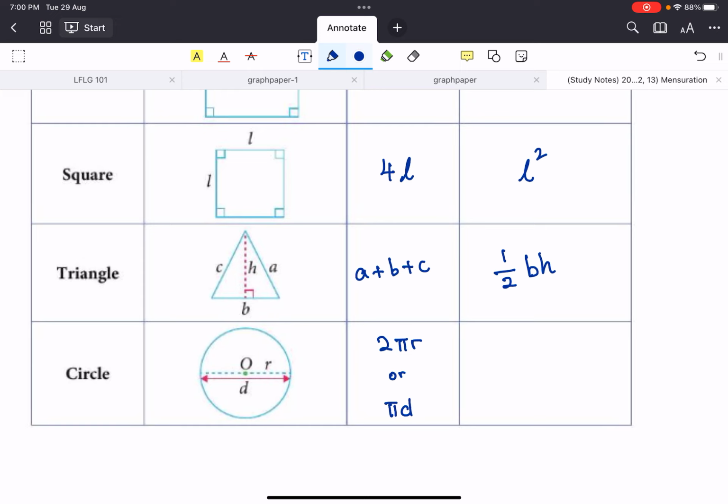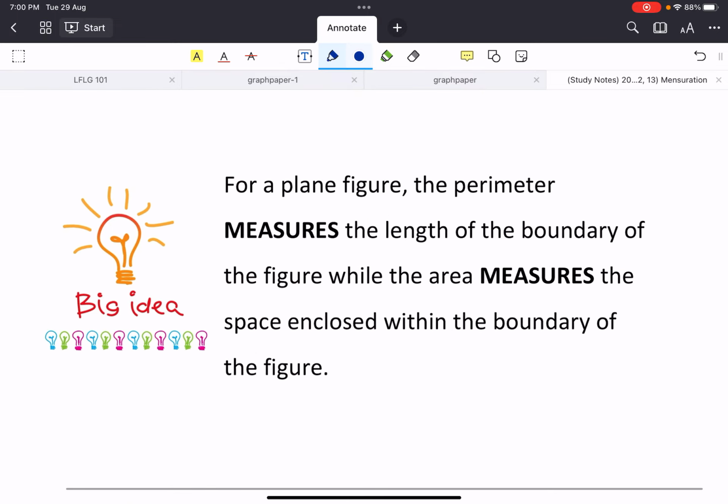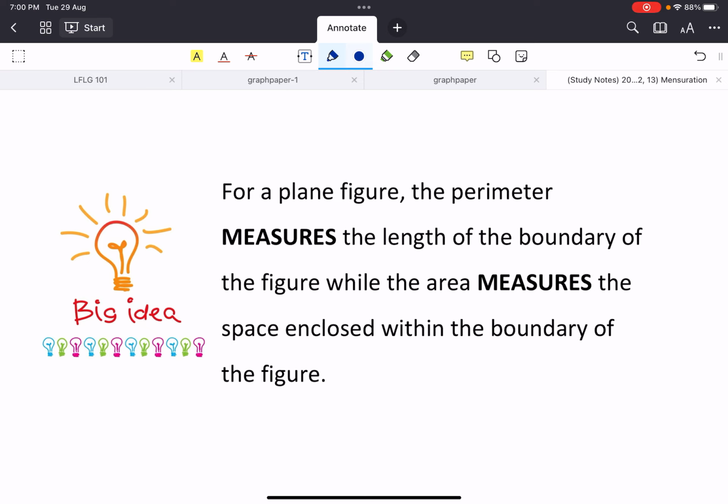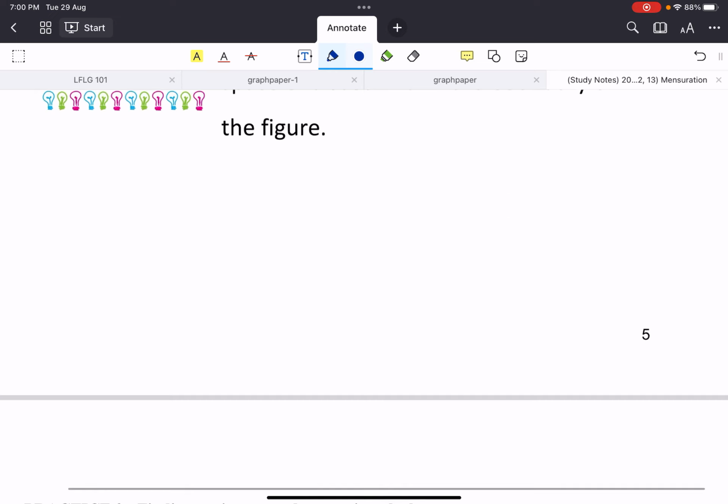Personally, I'm more familiar with 2 pi r, but there's nothing mathematically wrong with using pi d. And as for the area, it is pi r squared. So these are things you have learned in primary school. To quickly summarize, for a plane figure, the perimeter measures the length of the boundary of the figure, while the area measures the space enclosed within the boundary. So these are basic concepts we need to be familiar with.